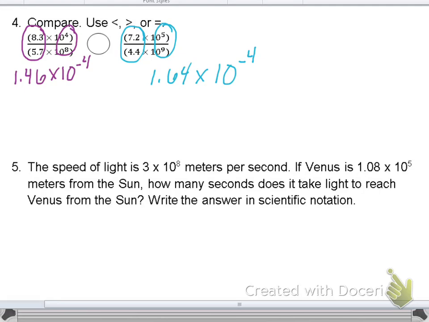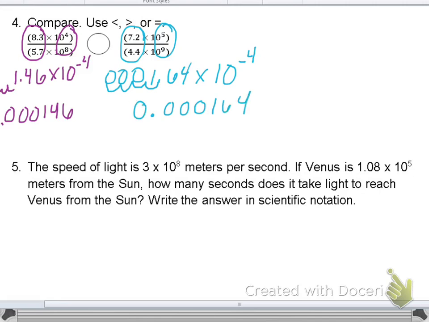So we have two decimals here times 10 to the negative 4th power. If we were to convert these, we would move the decimal over 1, 2, 3, 4. So we would have 0.00146. And over here, if we moved it 1, 2, 3, 4 spaces, filled in the zeros, we would have 0.000164.